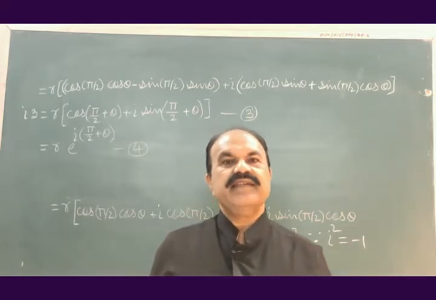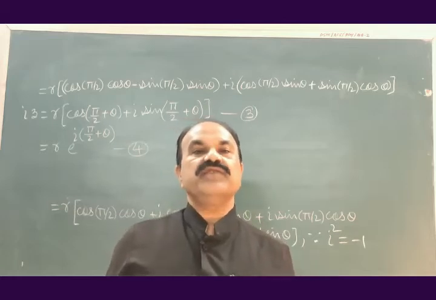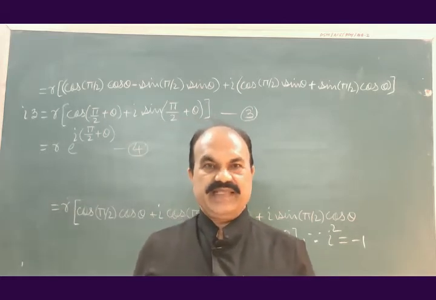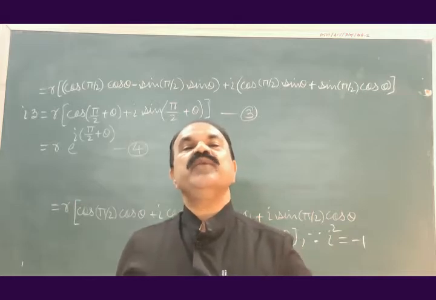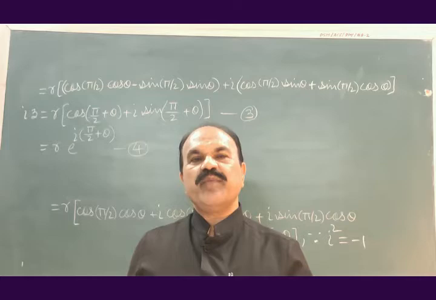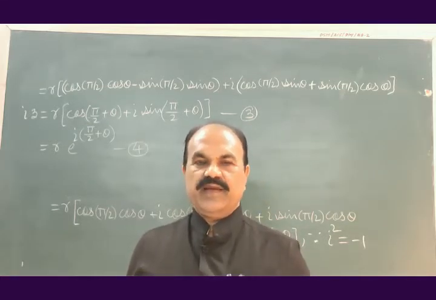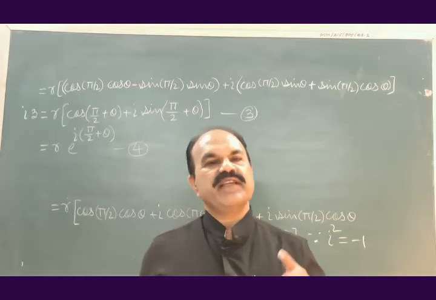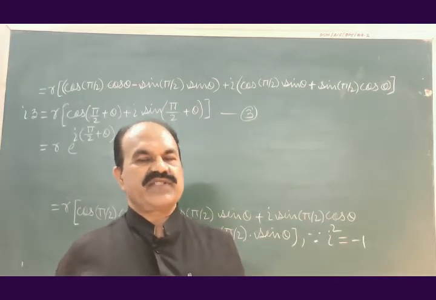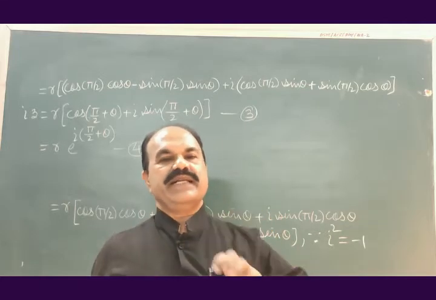After that, properties of arguments of complex numbers, and finally geometry of complex numbers. Properties of moduli of complex numbers will have 4 subarticles. Properties of arguments will have 2 subarticles. Geometry of complex numbers will have 5 subarticles.